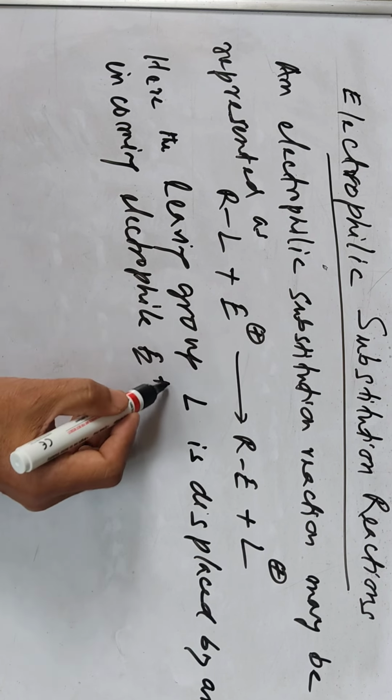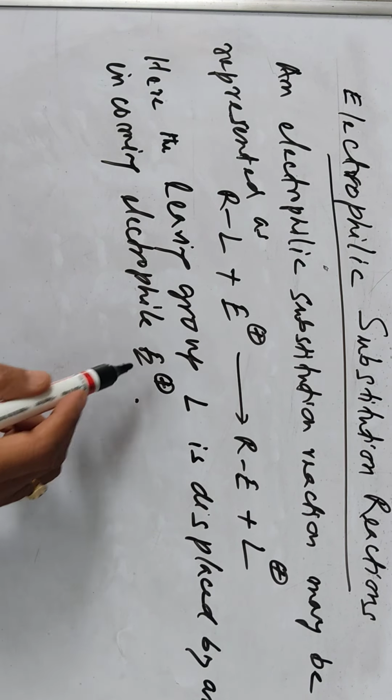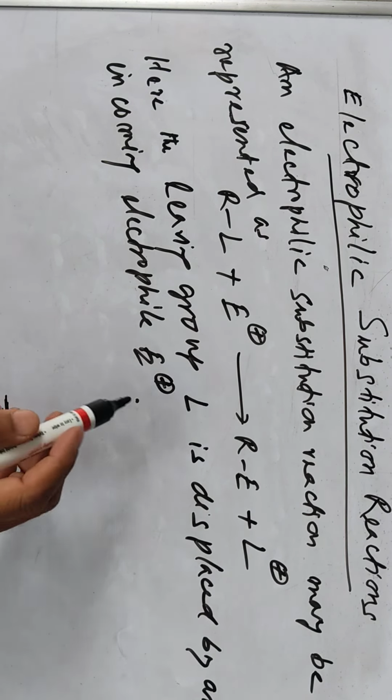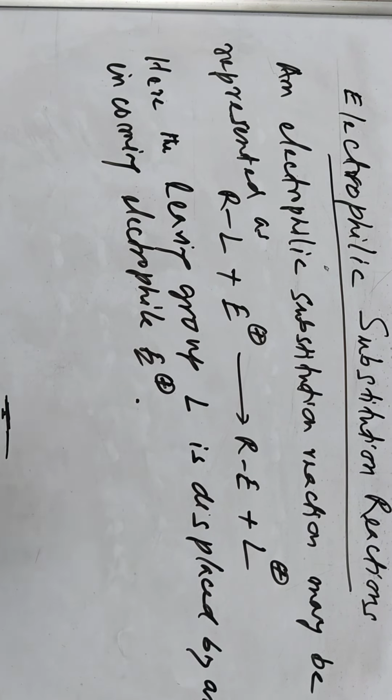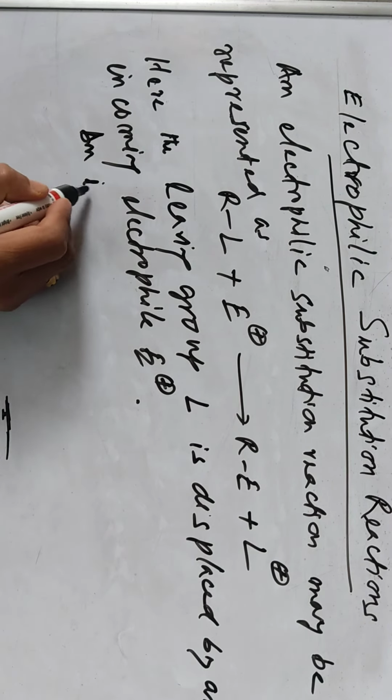L is displaced, substituted by E. The incoming electrophile E positive may be a positively charged species like nitronium NO2 positive. So I can write down here.